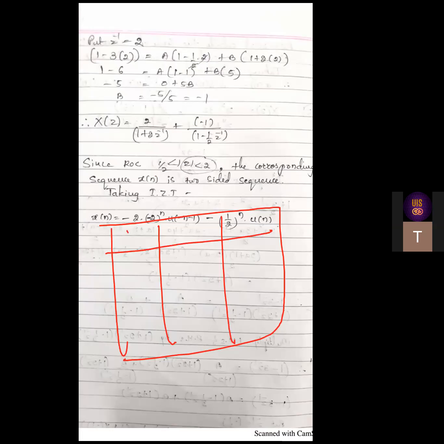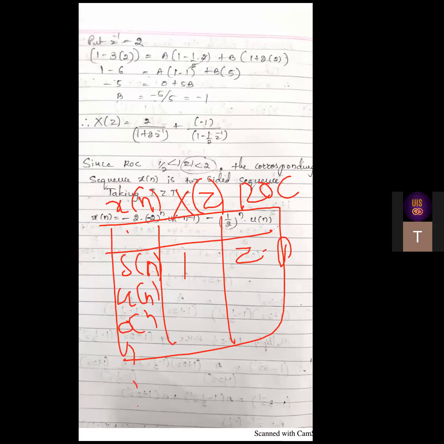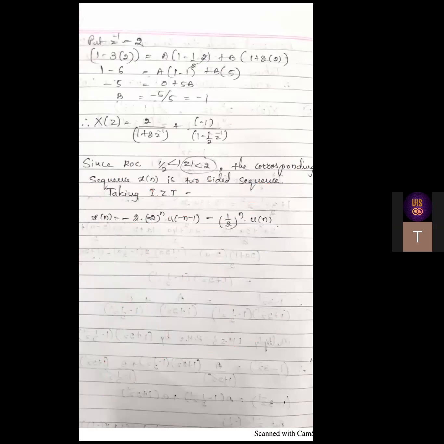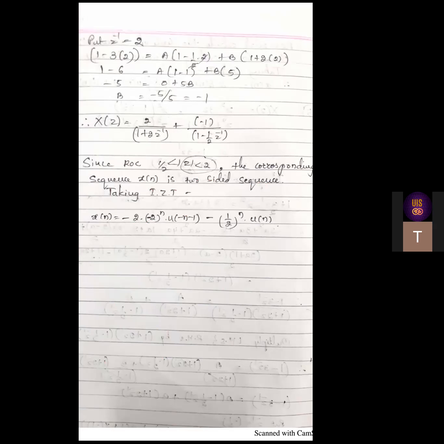For example, the first one was delta of n, x of z is given by 1, and ROC is, I think, the complete z plane. And then u of n, then alpha raised to n, like that, I have given a list. Please go through that list. That is very important. For inverse z transform especially, when these brackets are given, directly we can get the inverse z transforms from that table. So I hope you have understood today's class.